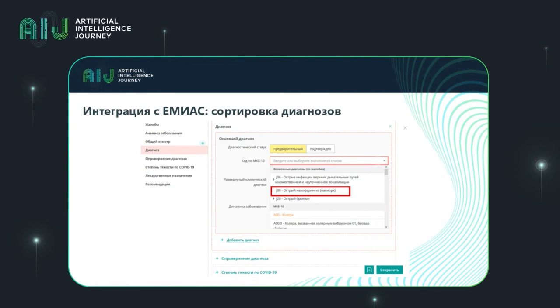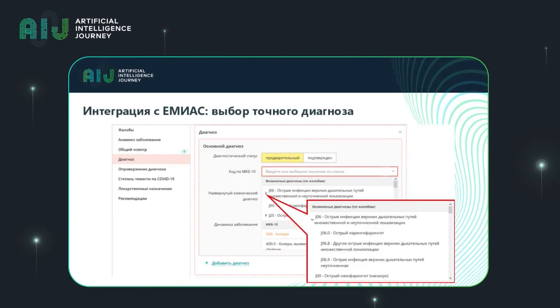So when the doctor goes to setting the diagnosis, they can actually choose the preliminary diagnosis, and here, as he's obliged to put the MCB10 code, in most cases you'll see an AI proposed diagnosis, and if he agrees, he just chooses the group and chooses the MCB code.